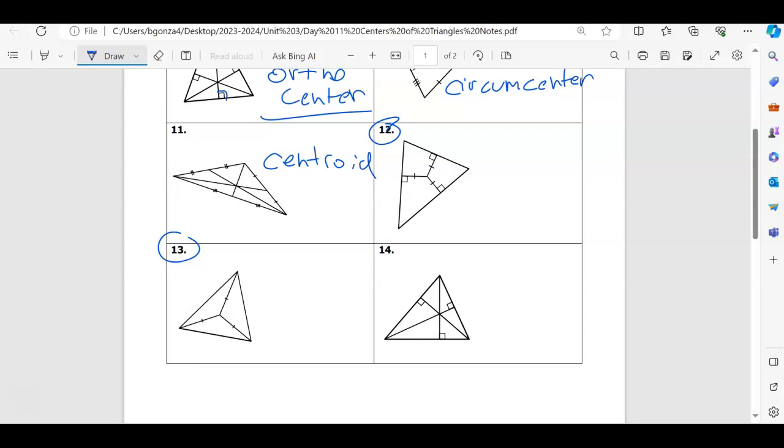If you look at the bottom bubbles, that's the second one, equidistant to each side. And in our picture, we labeled that with tick marks, right? So 12, equidistant to each side, is an incenter.